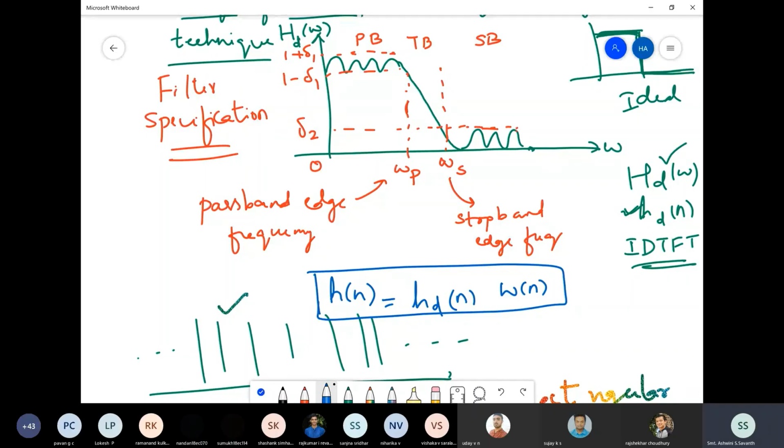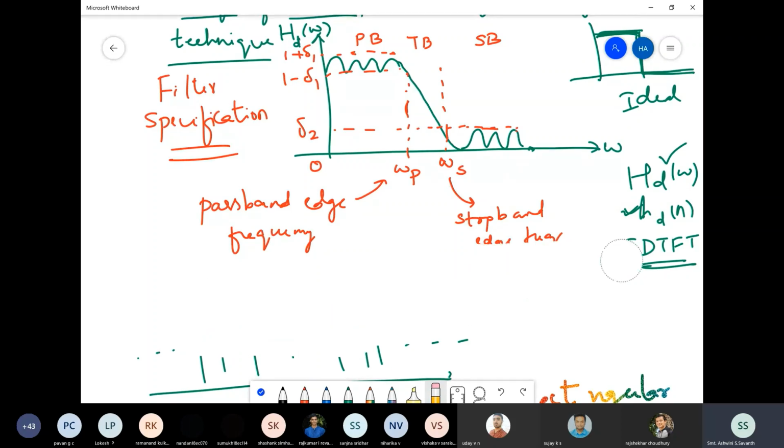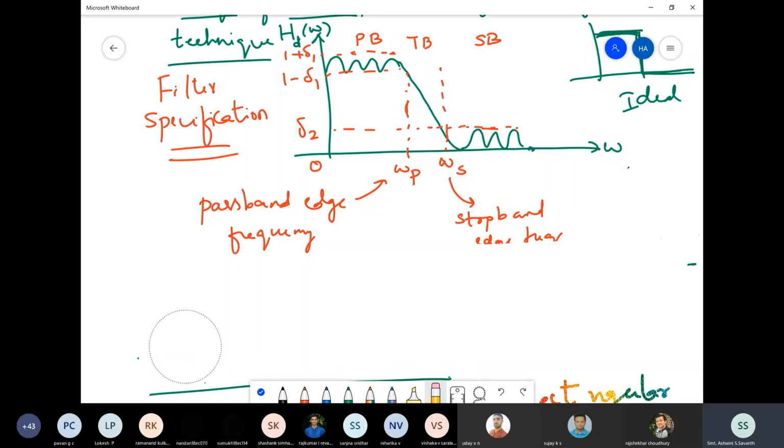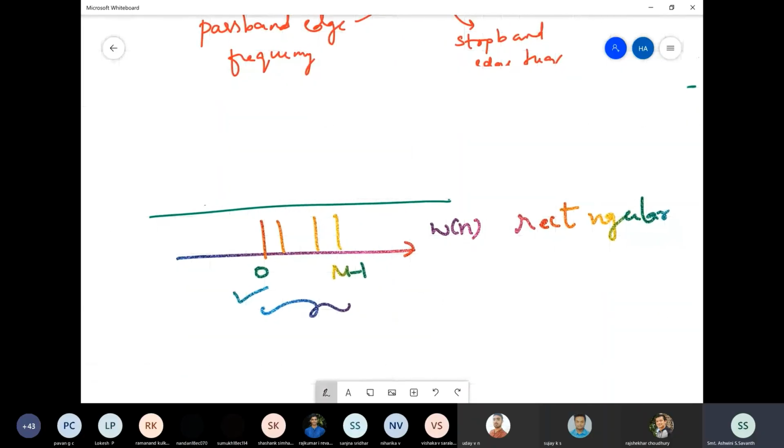Once I say impulse response, I'm talking about the signal in the time domain. You should be able to visualize these things now. So now we'll write the equations and do some more analysis. So let's just do that. I hope whatever I told you till now is clear.